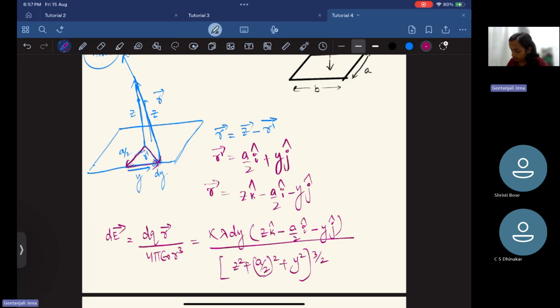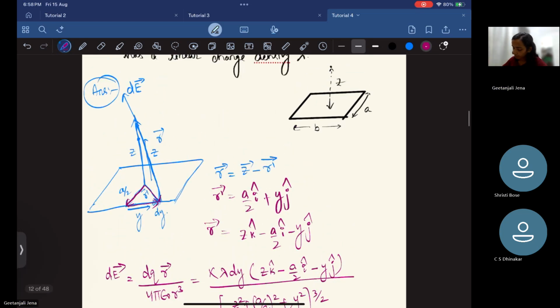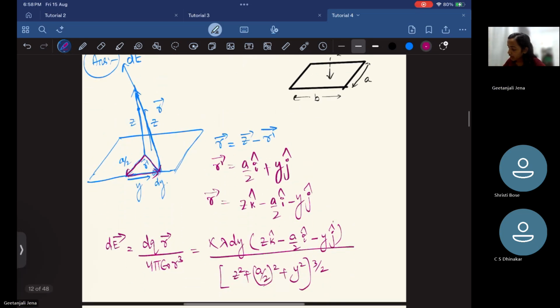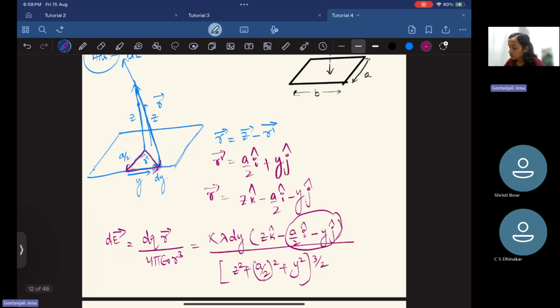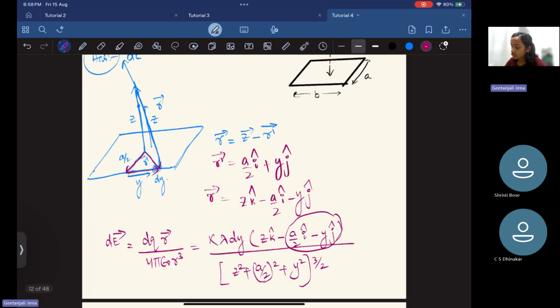And you can check it here also for the i and j part. This will cancel. When you take the integration, this will give a zero value because for area element dy here, you also have an area element here for this length.